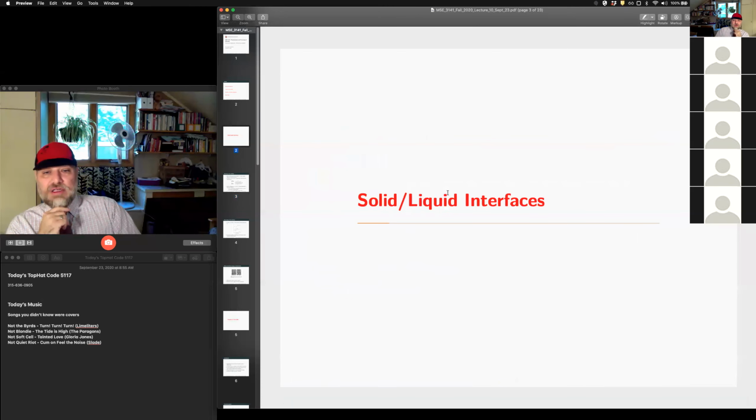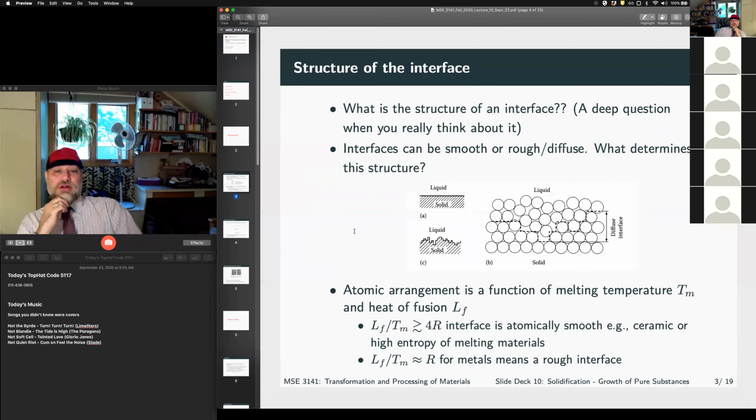right? So first, I want to just take a couple minutes and talk about the structure of solid liquid interfaces, right? And this question about what is the structure of an interface is really actually a deep question, right? Because we tend to think about an interface as being something between two things.